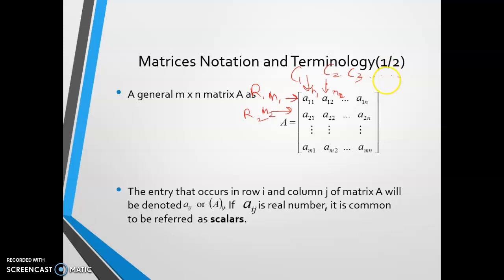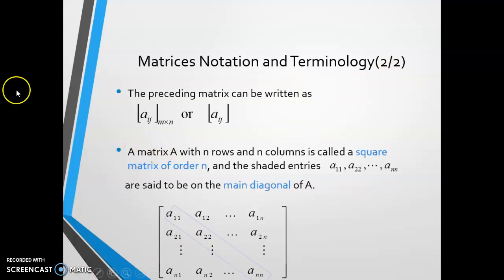It is common to be referred to as scalars. Okay, scalar. The preceding matrix can be written as this one lah. Okay, a matrix A which is called a square matrix of order n, and the shaded entries a11, a12 are said to be on the main diagonal of A.